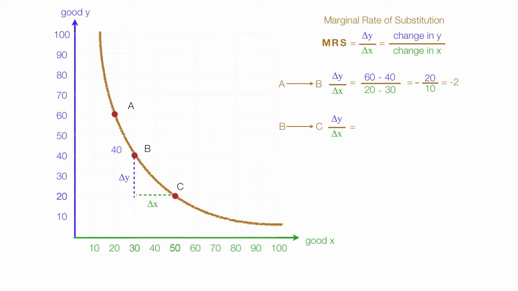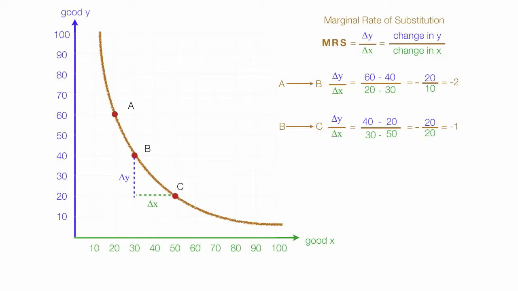So the change in y is 40 minus 20 divided by 30 minus 50. This equals 20 divided by negative 20, or this equals negative 1.